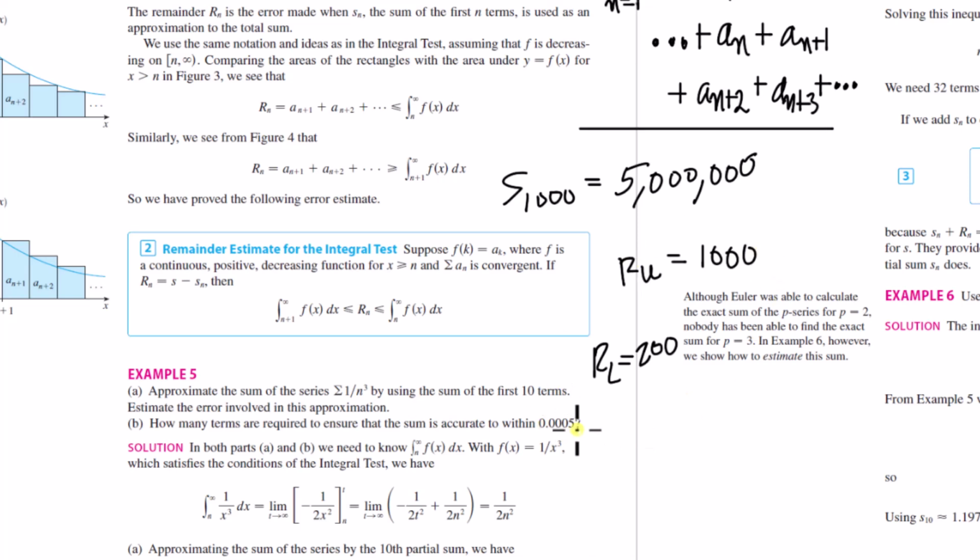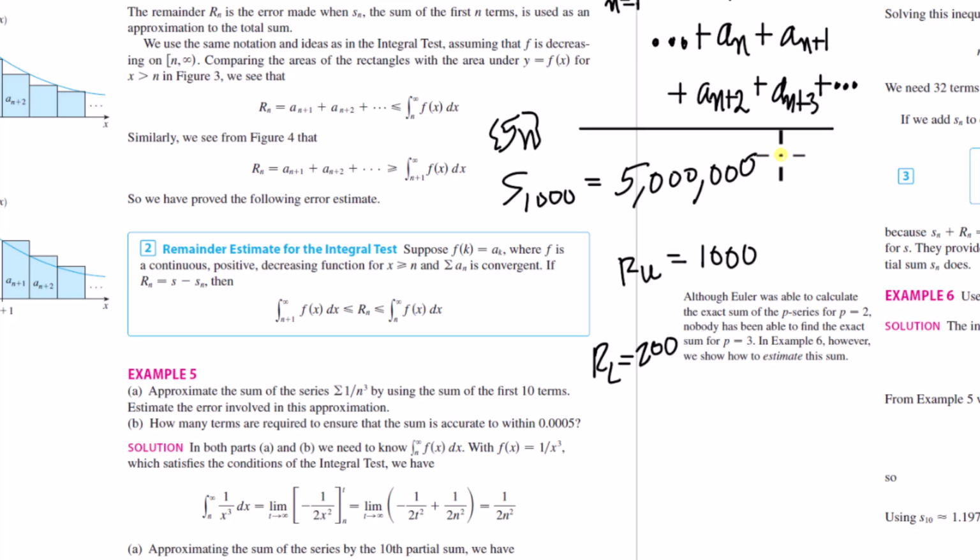Okay, so what is this telling us? We know for sure that the actual infinite sum, because we've determined that this is convergent, is greater than S sub n, for sure, right? But what R sub n is telling us is about how much less.